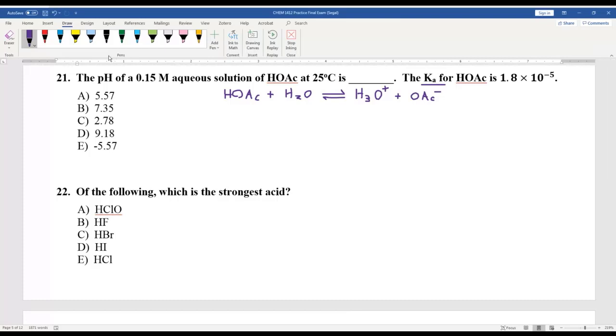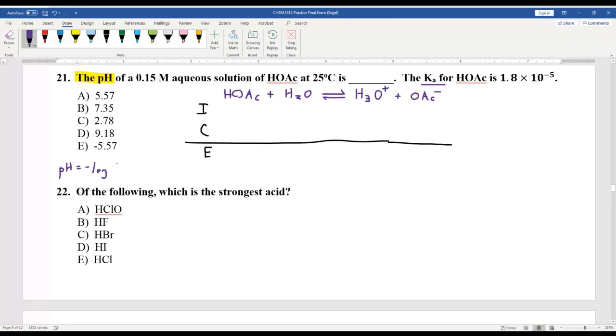So now once you have the equation, you can write out an ICE chart, because it's asking for the pH. This is what it wants. And the pH is equal to the negative log of the concentration of H plus, or H3O plus.